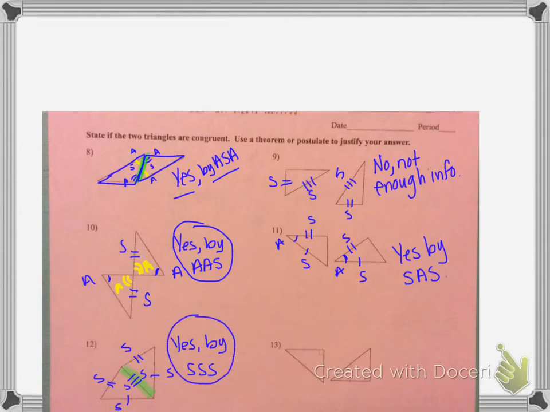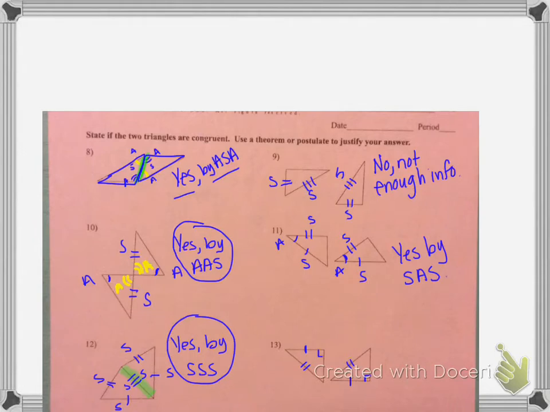Okay, last one right here for this set. I've got a right angle. I've got another side, and I've got another side. Now, I could look at this and say, well, this is ASS, so no, it's not congruent. However, what kind of special triangle is this?